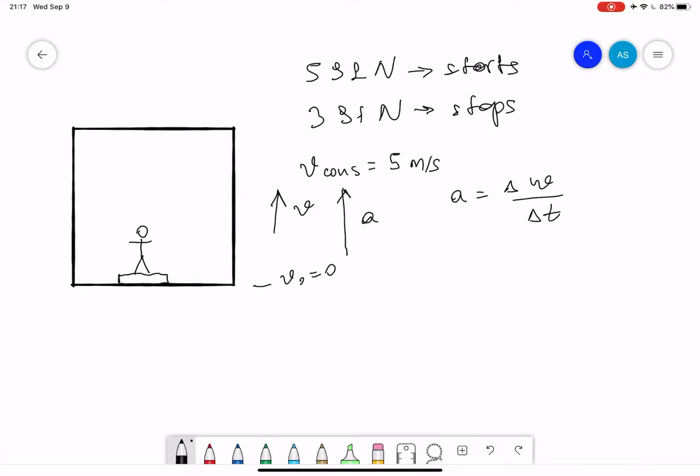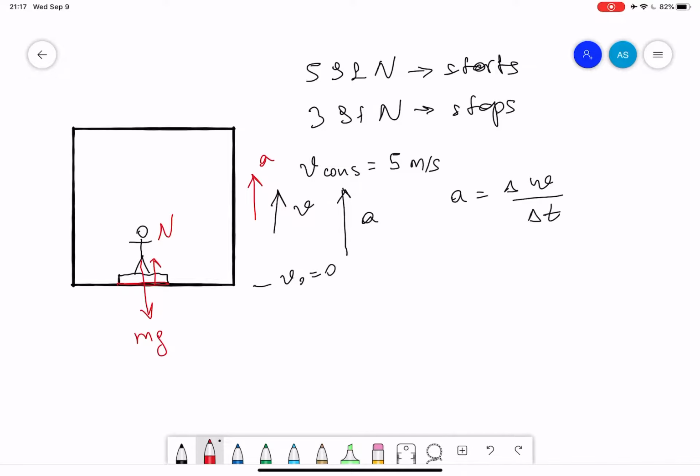Now, when the elevator starts, we're going to have the upward normal force exerted by the floor on the passenger, okay? So when the elevator is moving upwards with an acceleration, the floor is going to exert a force on the scale. Say this one is the normal force. Then we have the weight of the person, which is mg, okay?